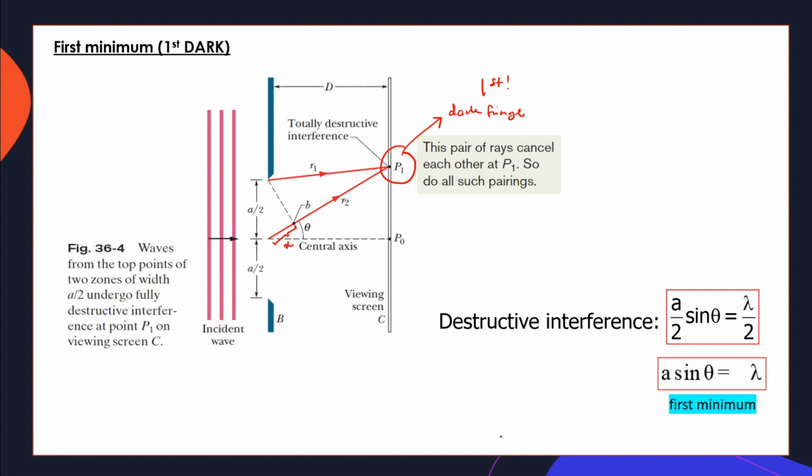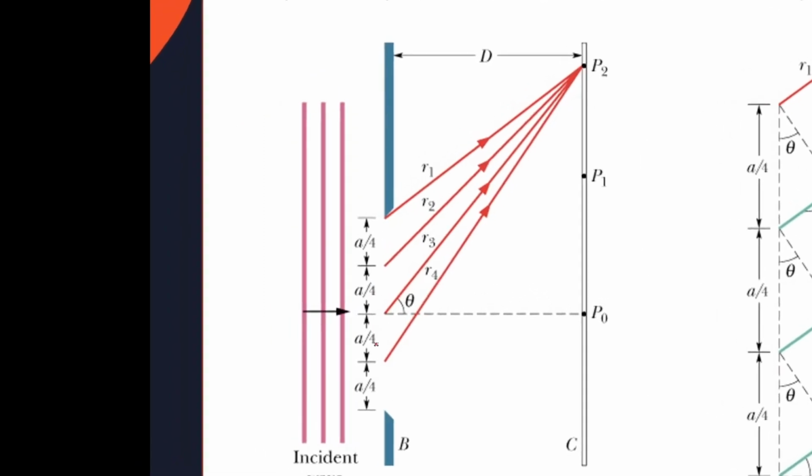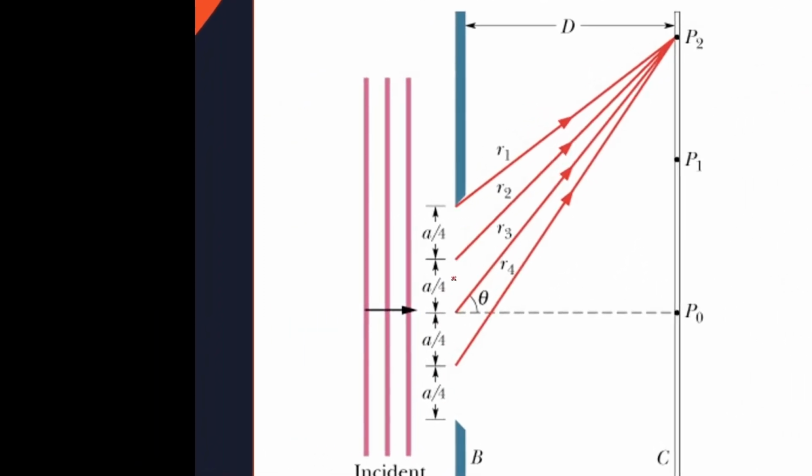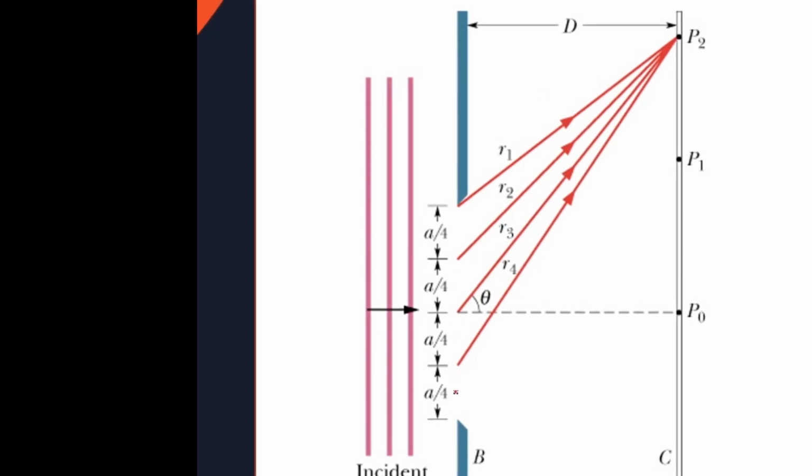So the first minimum or the first dark is A sin theta equal to lambda. Alright, so let's look at the second minimum or the second dark. For the second minimum, we divide the slit into 4 parts: part 1, part 2, part 3 and part 4.